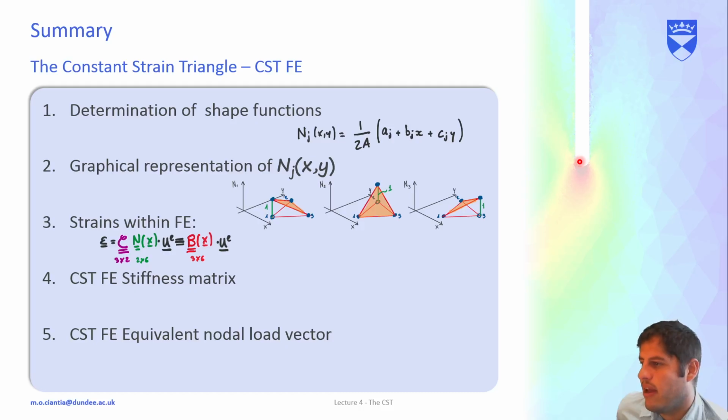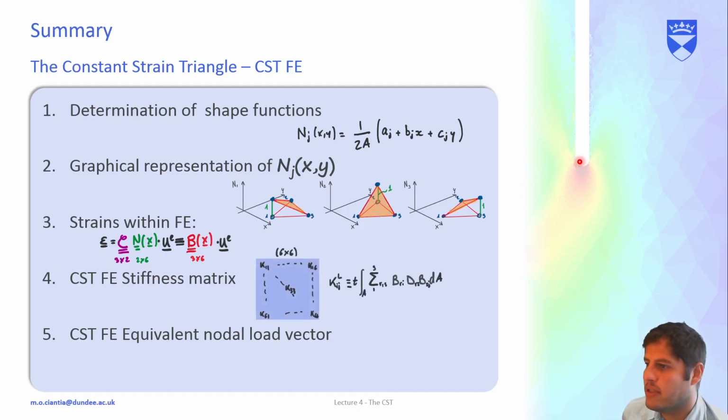Strains within the finite element: we calculated the B matrix for the CST, the stiffness matrix for the CST, all 6 terms, and we even saw how to calculate each term individually, and it will be handy. We'll see next week why.